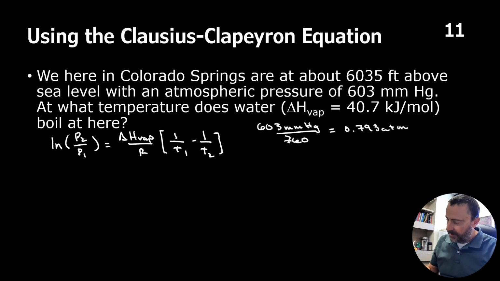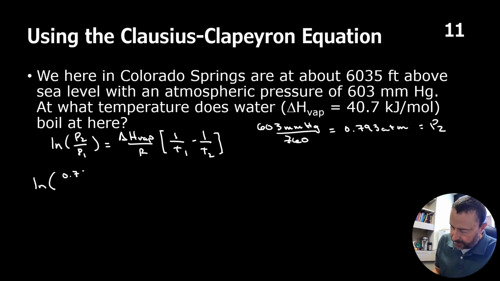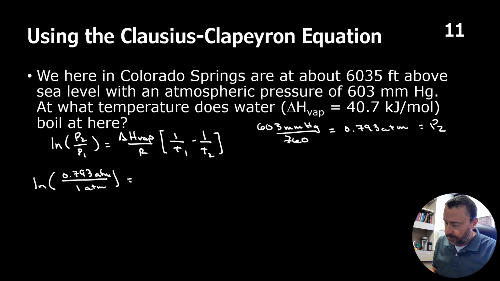I'm going to call this P2, so I've got the natural log of 0.793 divided by 1, that's our pressure at sea level, is equal to the enthalpy of vaporization, which is given as 40.7 kilojoules per mole. So we're going to use the 0.00831 kilojoules per mole Kelvin.